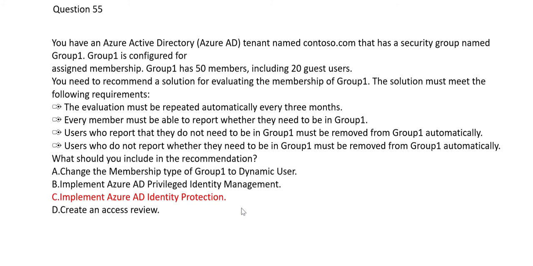If someone who does not have a proper identity is trying to hack the system, it will identify the risks and say this looks to be a potential threat, a potential hacker, and so on. So it's a very different purpose, not related to the question being asked here. Hence, we will lock this answer and move forward.